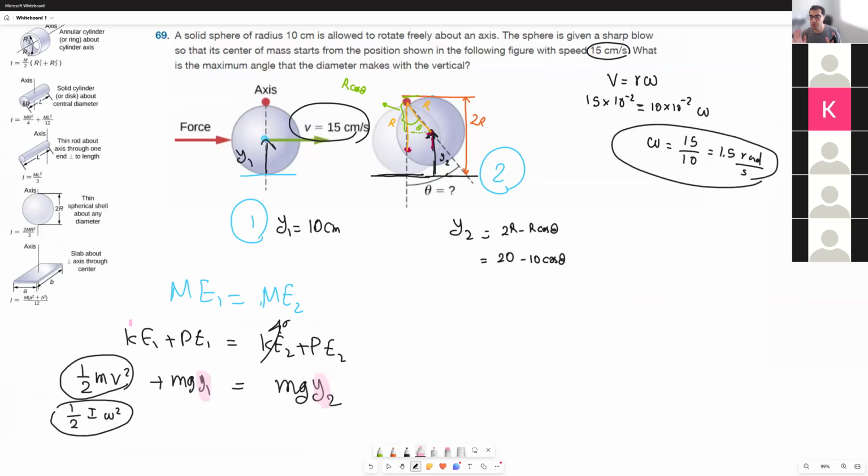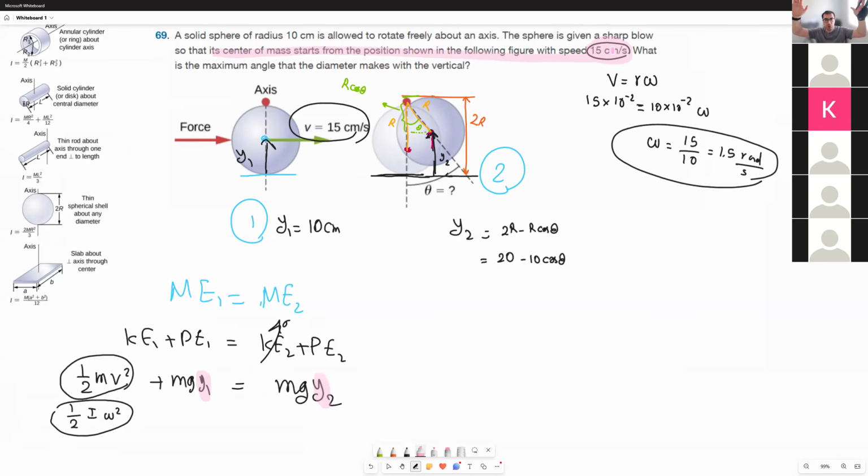So what Eric is kind of saying is that V is given to you. If you look at the question, it says the center of mass has this speed. That's the speed of the center of mass, and half mv squared is going to be the kinetic energy of the center of mass.